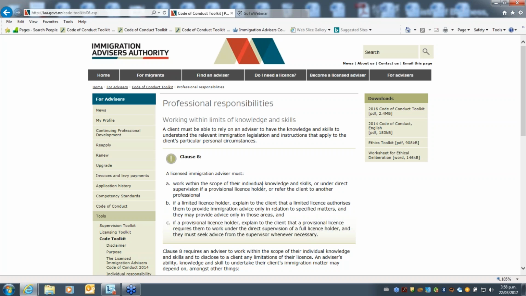Another question regarding conflict of interest. What if the advisor is also a professional translator and translates documents for the client? Would that be a conflict of interest? Yeah, potentially. I'm not quite sure off the top of my head.